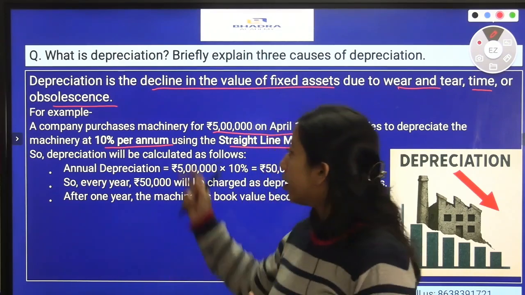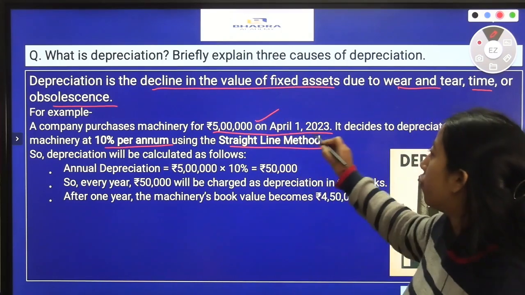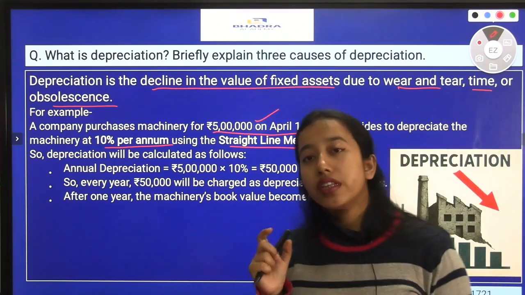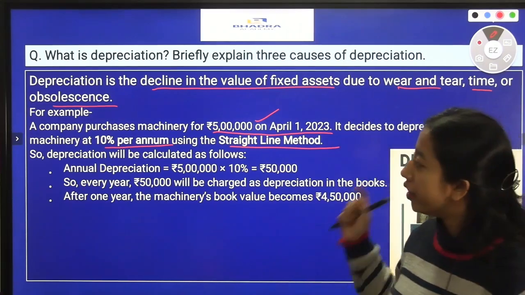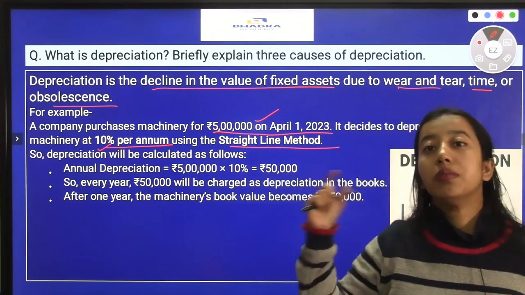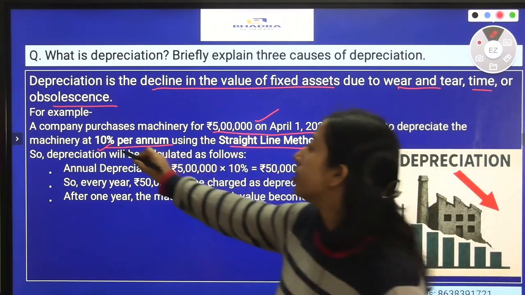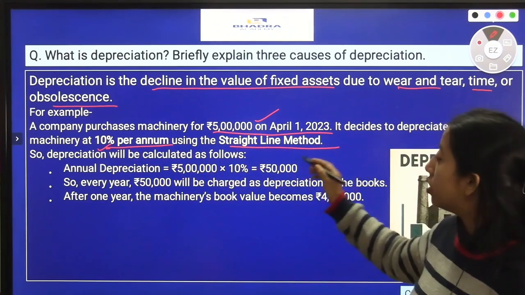Here in the example, the machinery is bought for 5 lakh on 1st April 2023, and the rate of depreciation will be decided by the business. Here in our example, it is 10% per annum. On the 5 lakh rupees, 10% depreciation will be charged, and the method used is the straight line method.